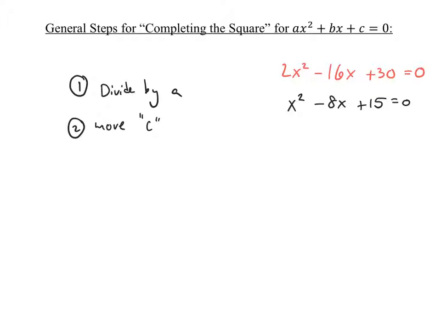I'm putting C in quotes because the C value is actually 30 in this problem. It's just that we divided by A, which gives us a new C value. So move the new C value over, which is the 15. And step 2 will look like this now.